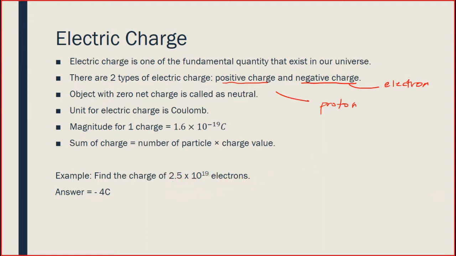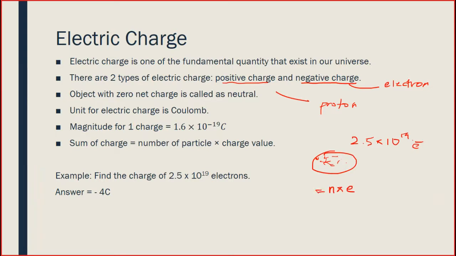You can imagine a bundle of electrons, around 2.5 times 10 to the power of 19 electrons. The question is, how much charge do these electrons carry? In order to obtain the value, you need to multiply the number of electrons with the charge itself.